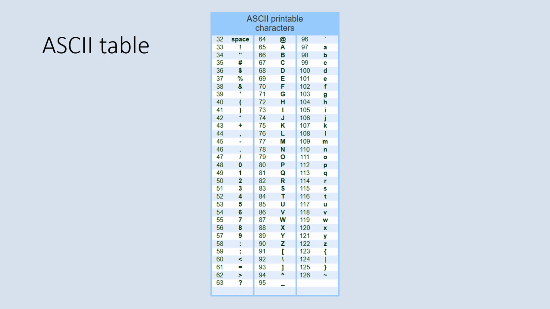So you notice in each of those cases, 65 to 90, that's 26 letters in there. 97 to 122, also 26 letters there. Uppercase, lowercase, and the other printable characters in the ASCII table.